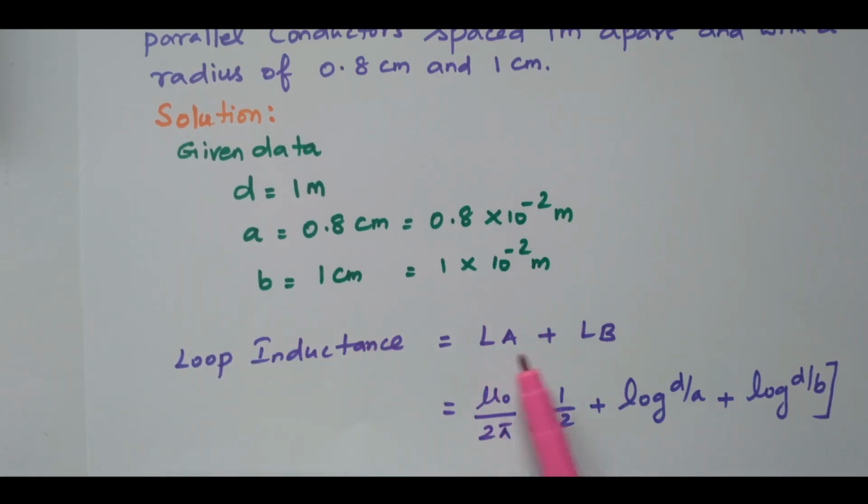Just now we discussed LA plus LB, that is nothing but mu naught divided by 2 pi of 1 by 2 plus log d by A plus log d by B. This mu naught is a constant, 4 pi into 10 to the power minus 7. The D value is available here, and A and B values are also available.